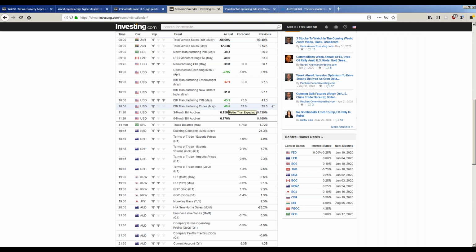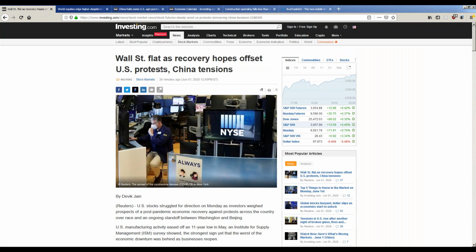Out of several different nations in the European Union, and better than expected numbers out of the US as well. This is what they mean by these headlines: hopes offset the protests and China tensions. Hopes for a recovery, because some of those numbers really are looking better than expected. Not just in the US.